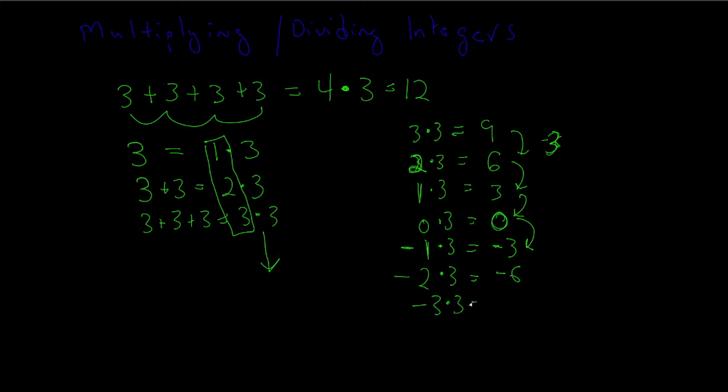And negative 3 times 3 would give me negative 9. And so we can develop by this descending pattern, or undoing these additions, a way of working with negative multiplications.